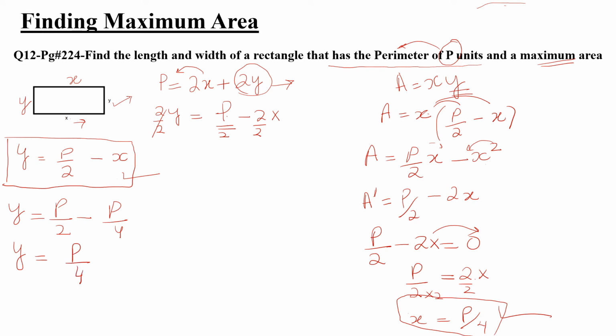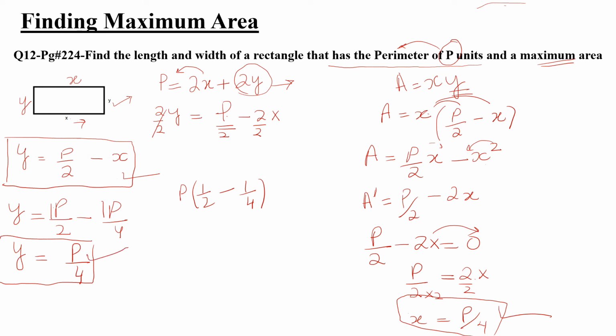Those who don't know how to do it, let's see, the p is common. So we write the p as it is. Now from here we have 1 over 2 minus 1 over 4. So half minus 1/4 will give you 1/4 p. So this is the value of y.